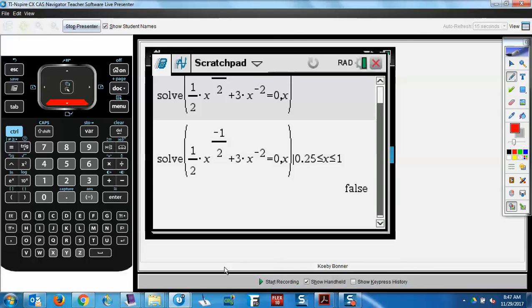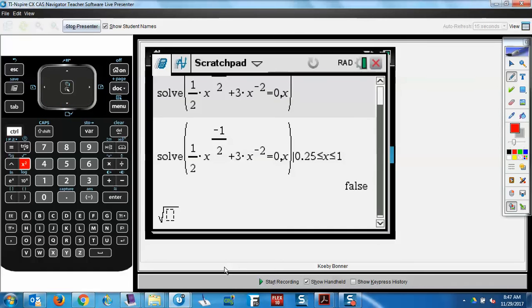So right now, Kobe could do square root of 0.25 minus 3 divided by 0.25 and just do it, and then put in a 1 and just do it. Now, the 1 is probably easy enough to just do in your head. But let's say we had some weird numbers to plug in and it was a pretty complicated function. Here's something you can do. So Kobe, just type in square root of x, and then right arrow, and then minus 3 over x.